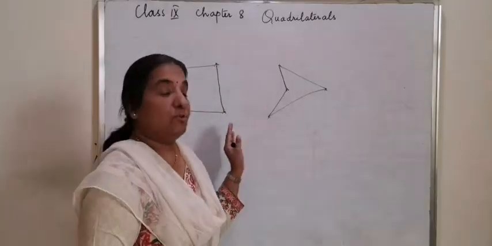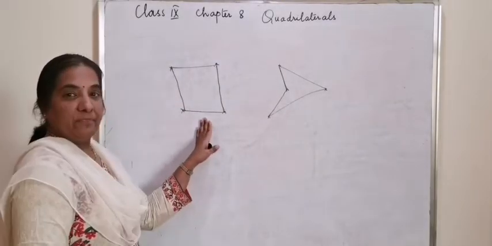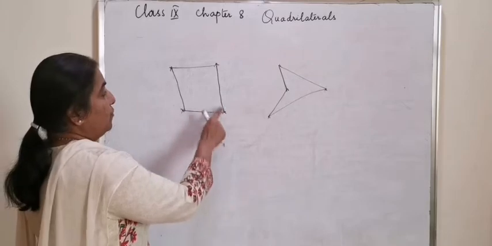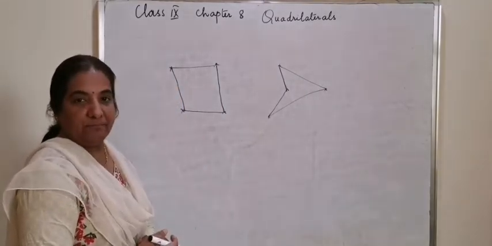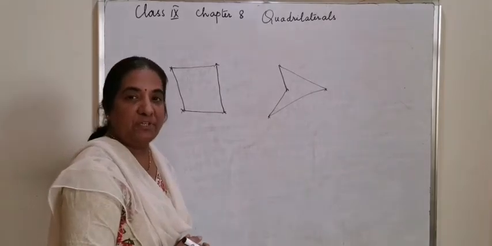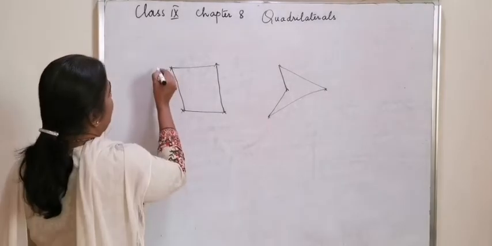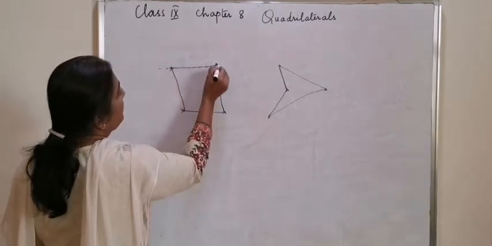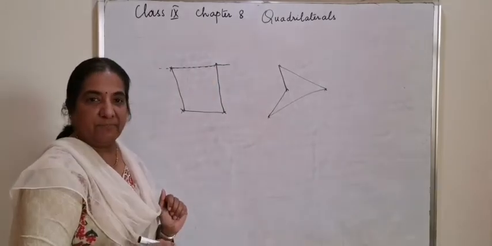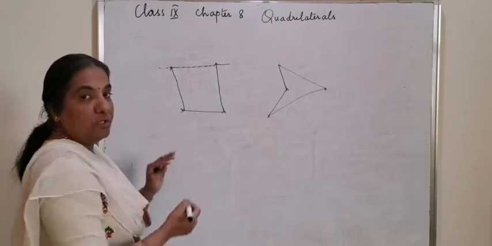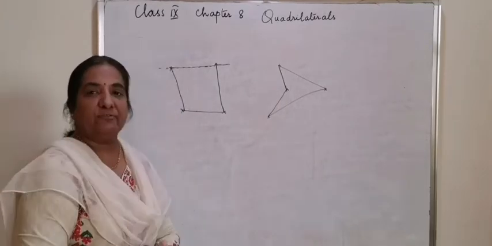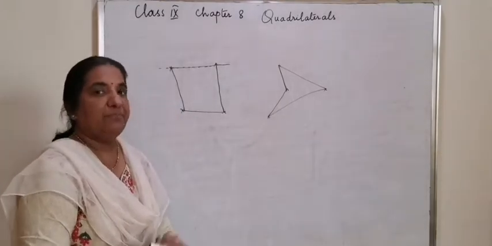Consider the quadrilateral formed by joining the 4 points in this pattern. What you observe here is, if you extend the first side, the remaining 2 vertices are on the same side of the line extended.